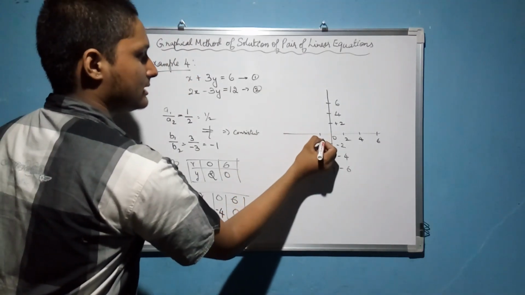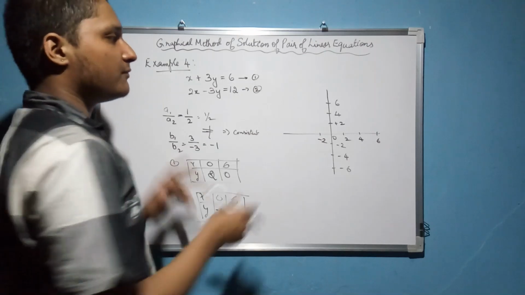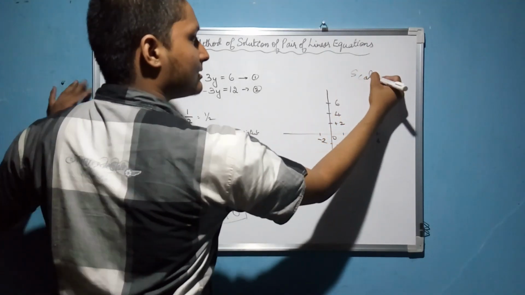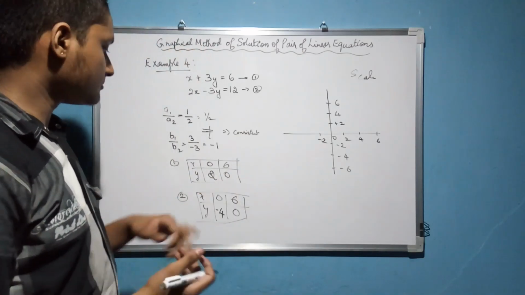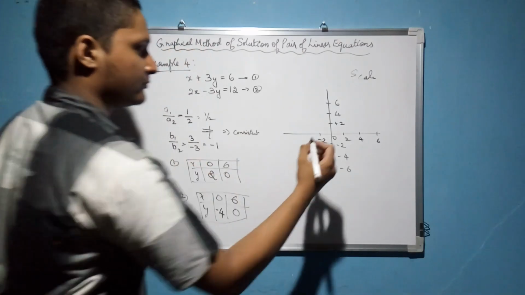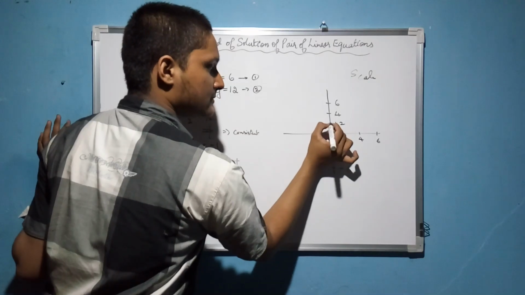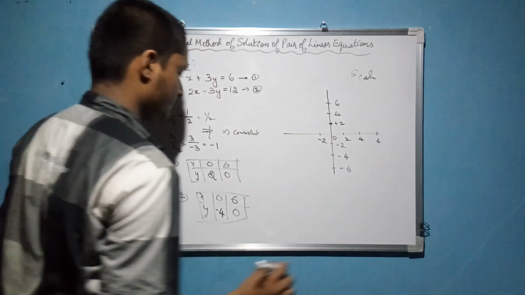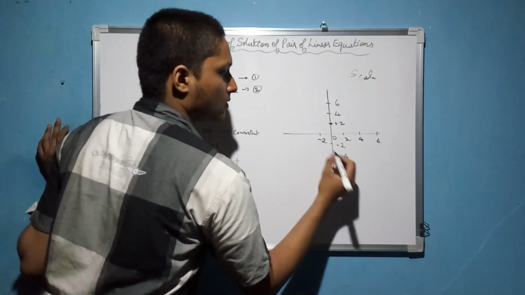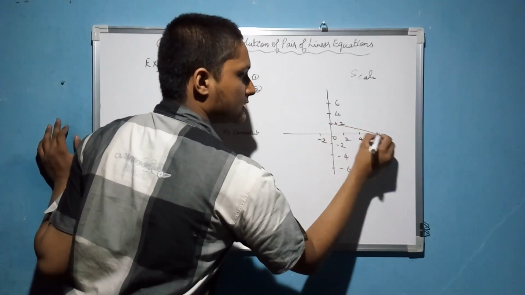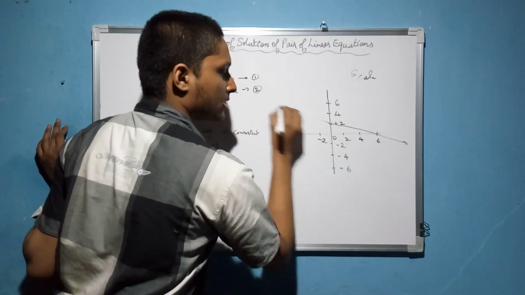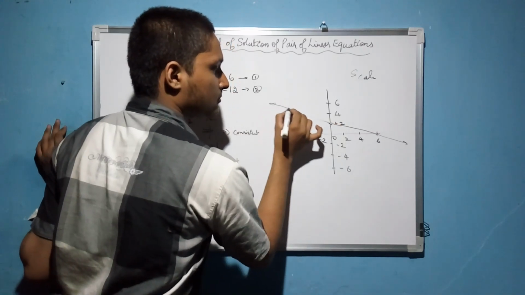You need to write also the scale here, that is 2 units. Now we have (0, 2), 2 steps upward. This is the point. You have (6, 0). Join these 2 points. Plotting of the graph is over.